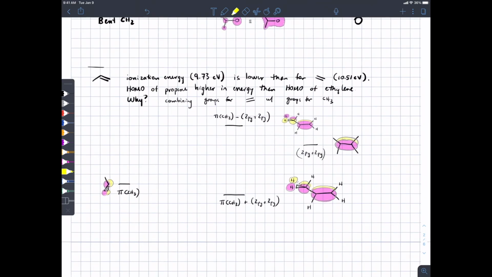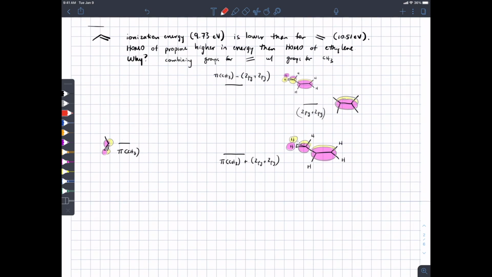All right. And when bringing together these two orbitals, they would both be full of electrons. So when you mix them together, you end up with the highest energy electrons that used to be the HOMO in ethylene that are now still the HOMO for propene only, and they are higher in energy.